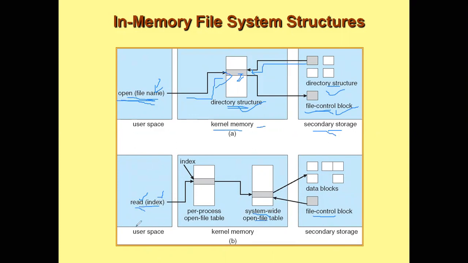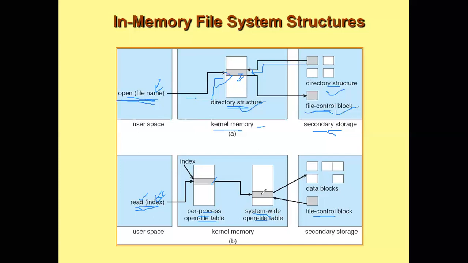Now, we pass the index of that particular file in the argument of the read function. This is mapped to the per process file table, that is, the unique index is mapped to the per process open file table, and then you get a pointer, right? That pointer will point to the system wide open file table.